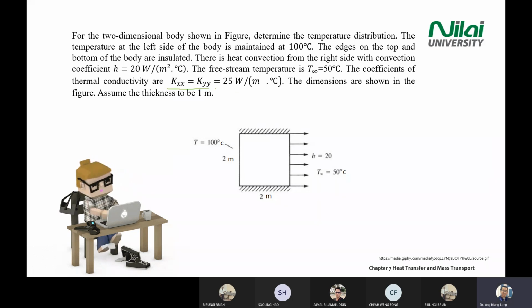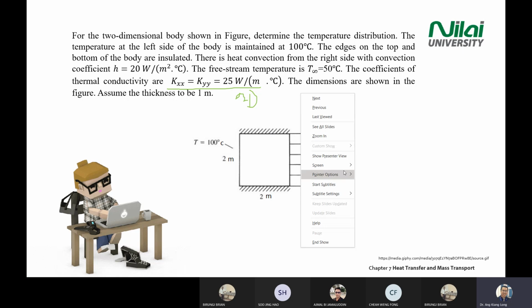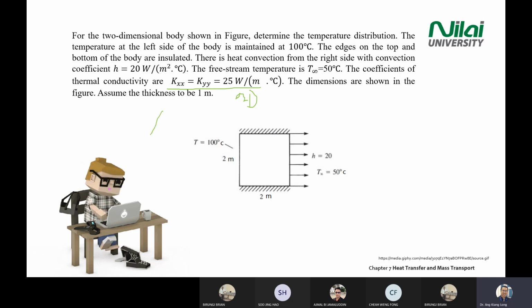Since you are seeing this information, straight away it is a 2-dimensional analysis. If you're only seeing one kxx, it means one dimensional. If in the question you see kxx, kyy, then you need to solve for two dimensional, meaning you are using the triangular method to solve. Okay.